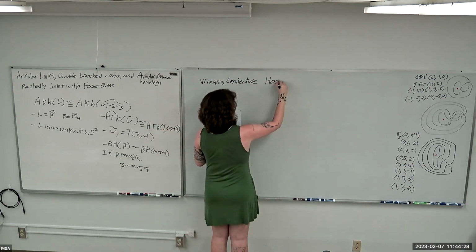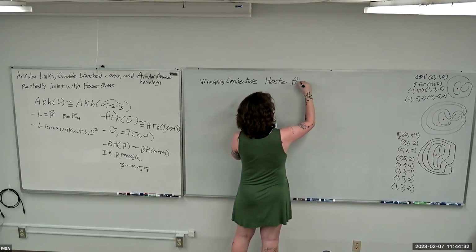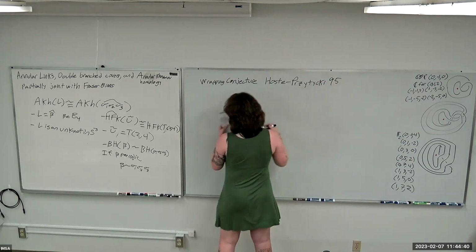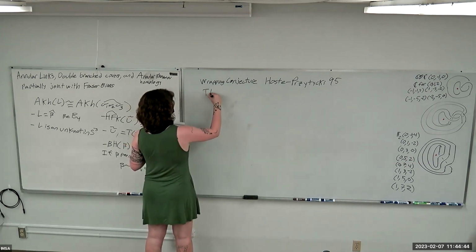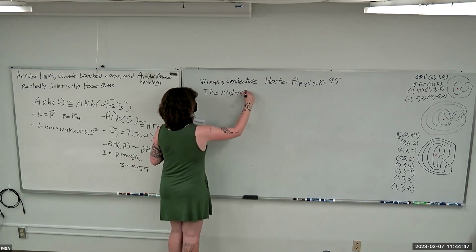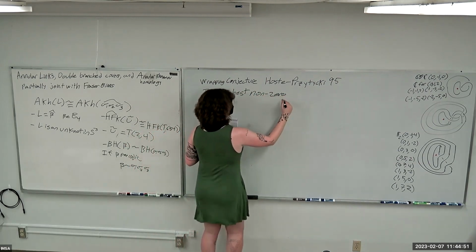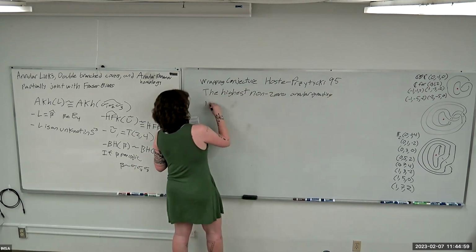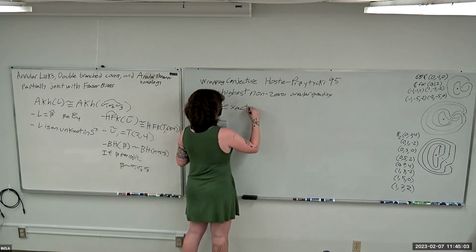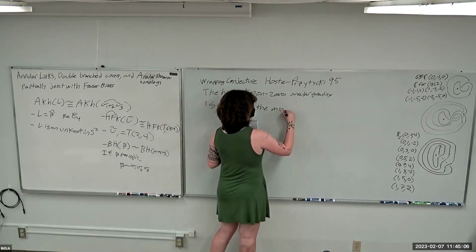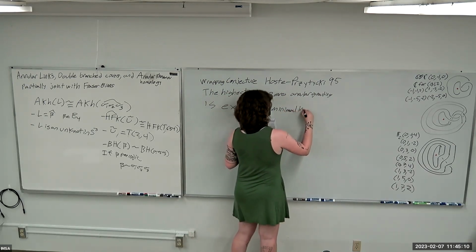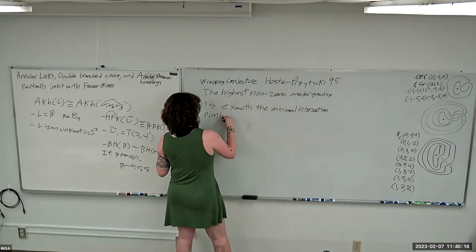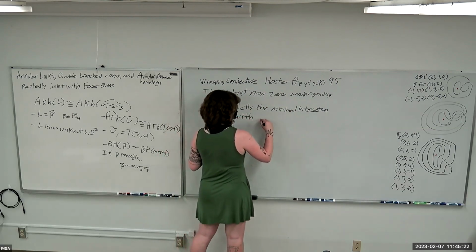It's due to Hoste and Przytycki. And what it says is that the highest non-zero annular grading is exactly the minimal intersection number with a meridional disk.